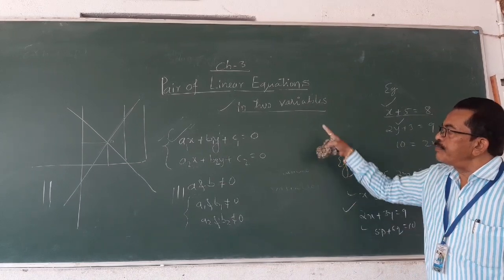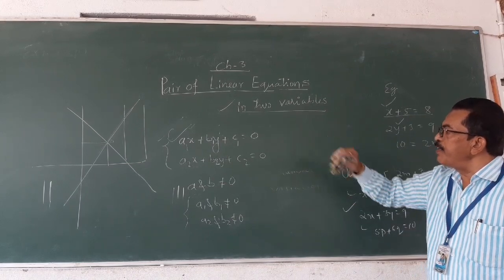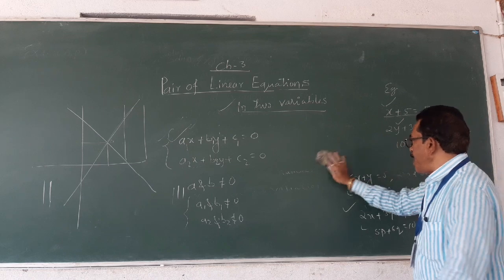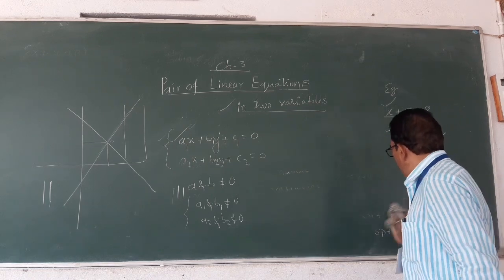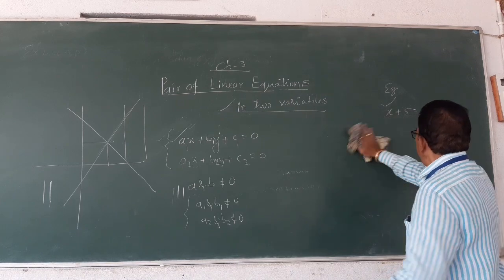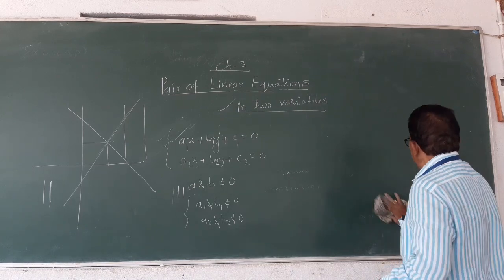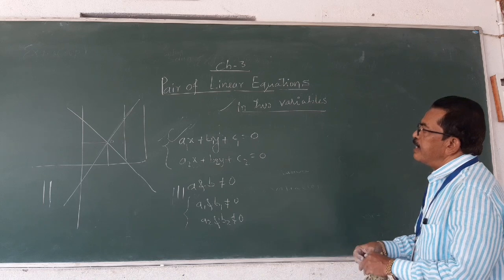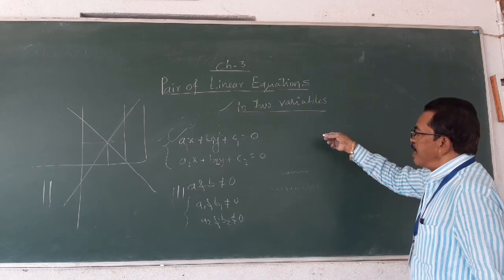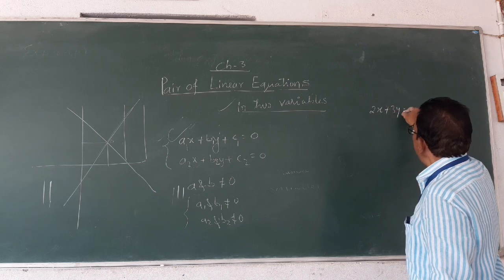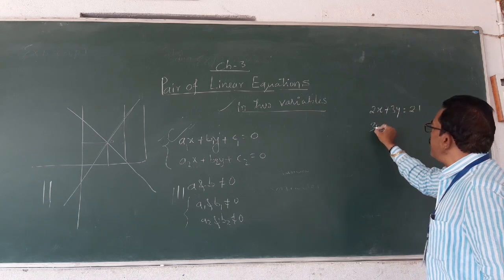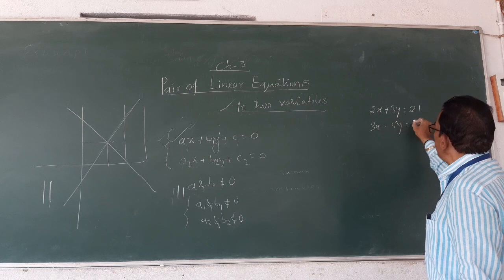Okay, after defining the pair of linear equations, let us look at some examples. See, we have solved in the 9th class simultaneous linear equations; like that, pairs of linear equations are the examples. 2x plus 3y equals 21, 3x minus 5y equals 10.